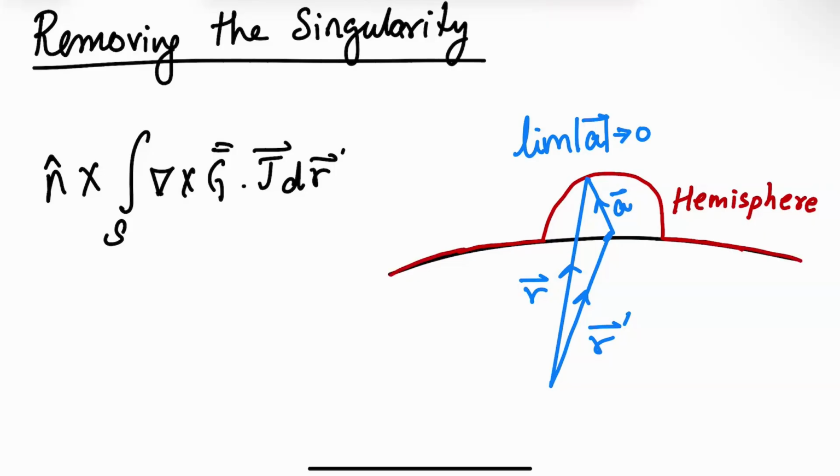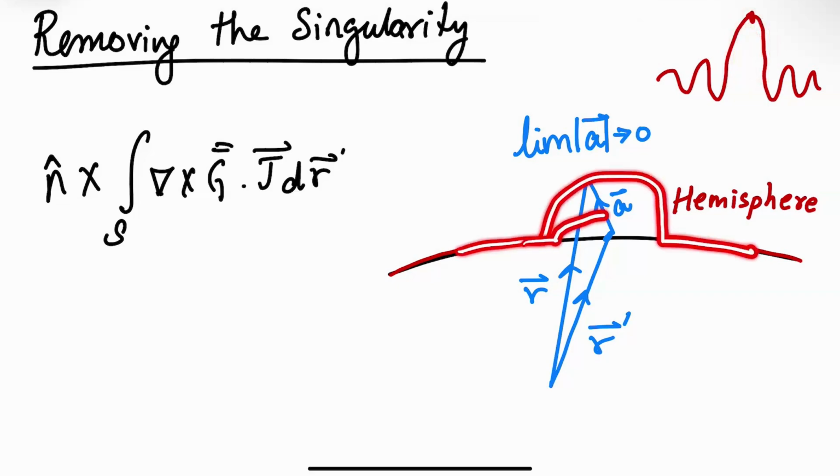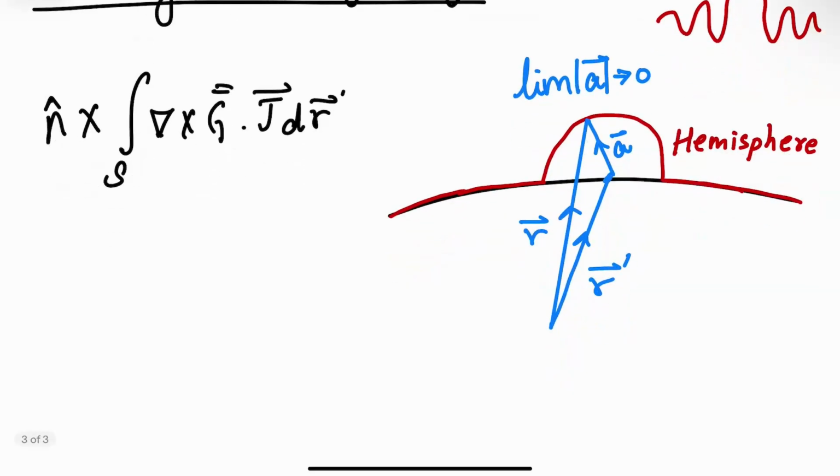This is similar to taking the limit of the sinc function as you're coming in. This is your sinc function and there's a singularity here. You take the limit and see what value it reaches, and you assign that as the value. Similarly, we take the limit as it becomes smaller and smaller, see what value it's reaching, and assign that to the singular value here. That's the trick. Okay, so that's the basic idea. Let's actually go through the mathematics and see how it works out.